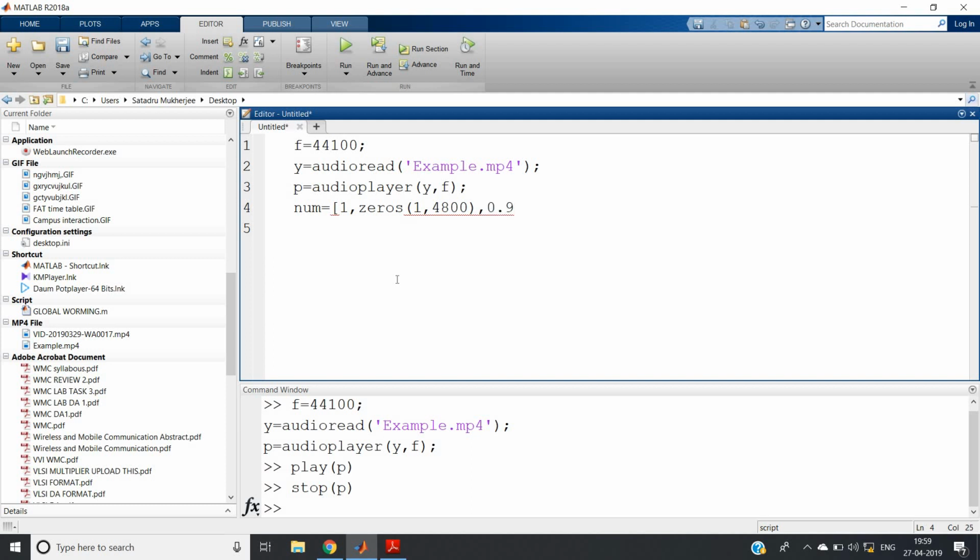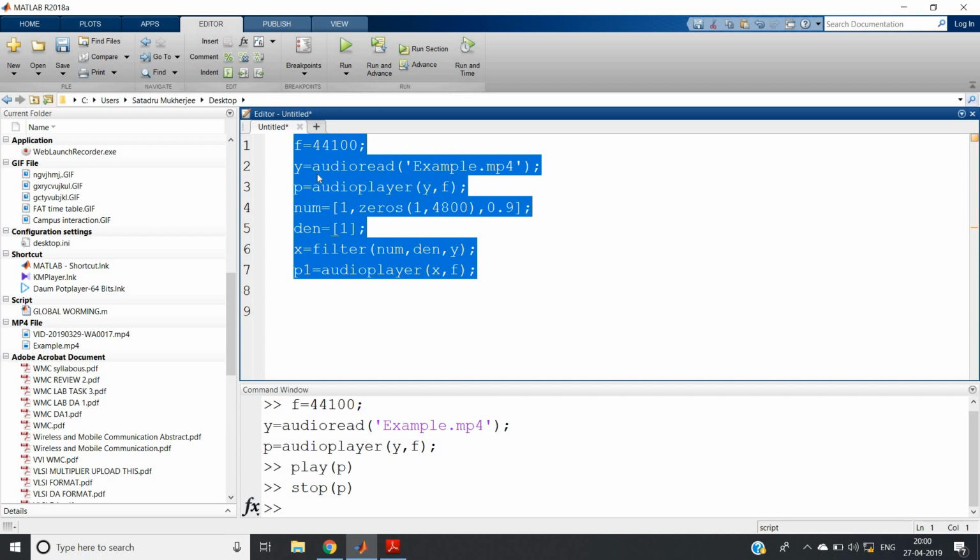Alpha you should take close to 1 but not 1, so that the attenuation is not so large that you cannot listen to it. So alpha equal to 0.9, then den is simply 1, right? Now filter the signal. x equal to filter num comma den comma our original signal y. Clear? Now p1 equal to audioplayer x comma sampling frequency.